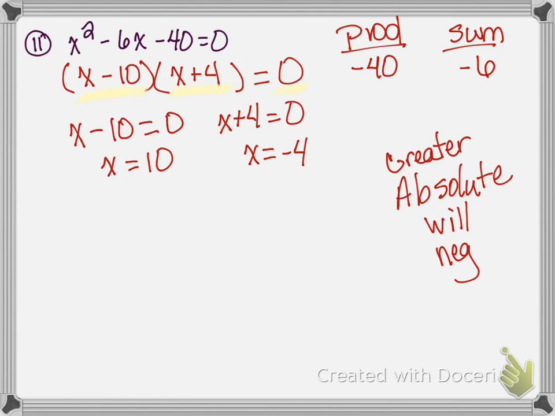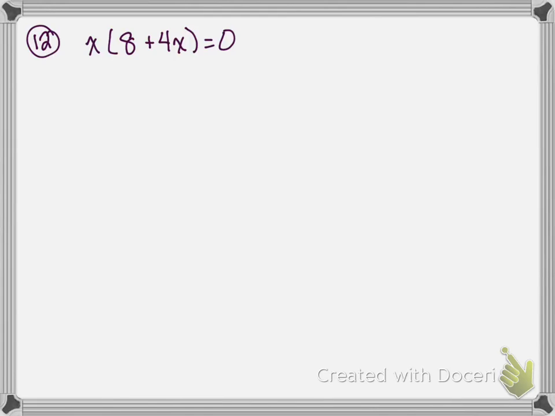Now, number 12 gives everybody fits. I tell everybody that's doing it, you are making it harder than it is. Because the x is not in there, you can just simply do the other one. Okay, so here it is. I have x times 8 plus 4x equals 0.